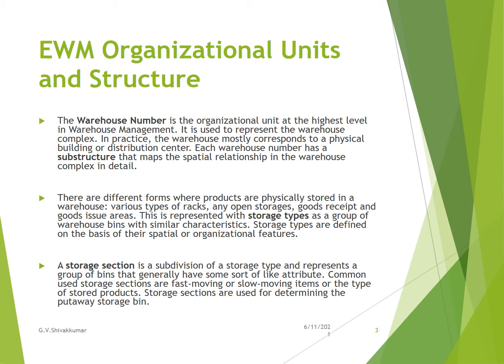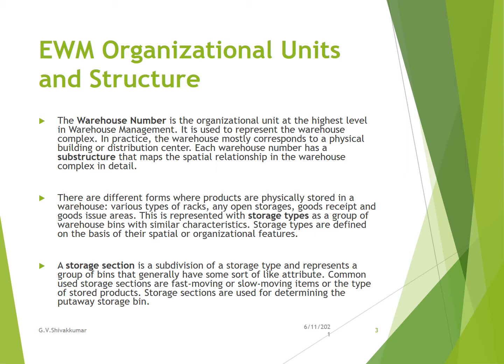Next, below the warehouse number and storage type comes the storage section, same as in SAP WM. The storage section is a subdivision of the storage type, so within a storage type we have multiple storage sections.